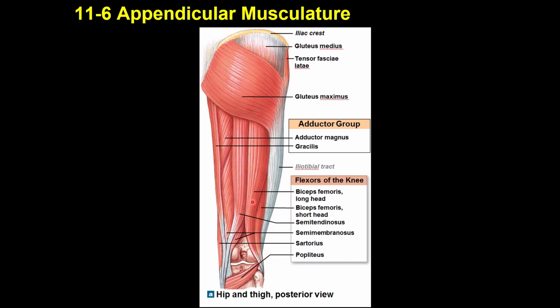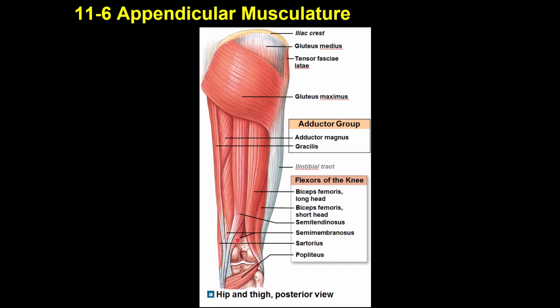So three of them. These are called hamstring muscles that will cause extension of the hip and flexion of the knee. These couple of other muscles I showed you before, it's repetition here. So this is gracilis and adductor magnus. You can see it from the posterior view. They cause adduction of the hip joint.